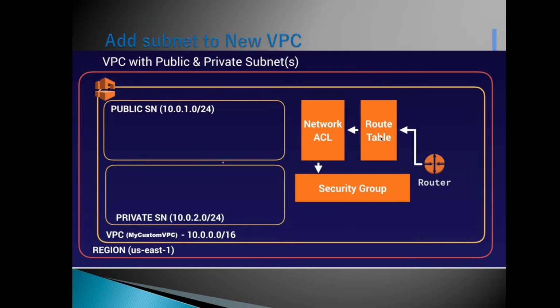Now, just imagine your VPC as a society. If you want to imagine how the routing works in a VPC, just imagine the VPC as your society. And this is your boundary.